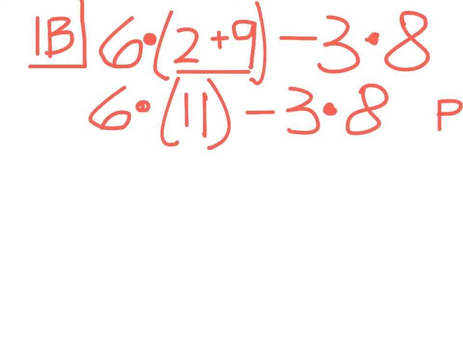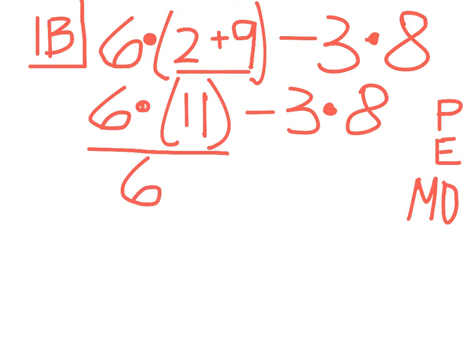So I move on to E, and there are no exponents. And so I move on to step number 3. Step 3 is MD, multiply or divide. As I go from left to right, I do any multiply or divide that I see. And then I write down everything else.